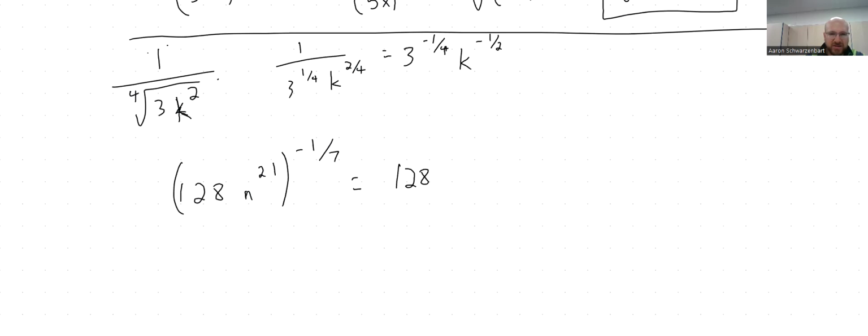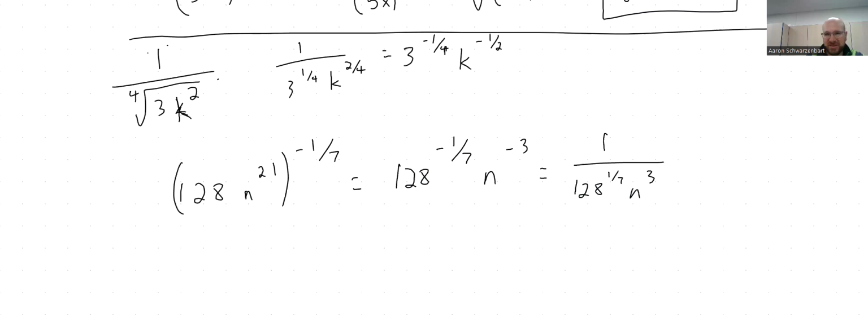When I apply it to the exponent of the 21st times -1/7, I must multiply. Now, step 2, I'm going to make them positive exponents, which means I'm moving both of these to the denominator.